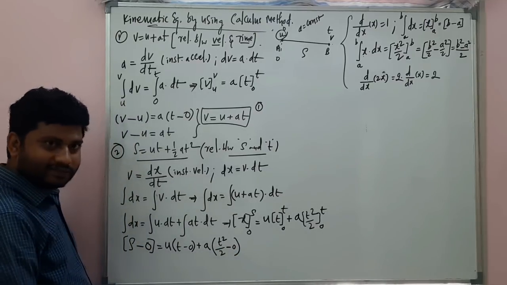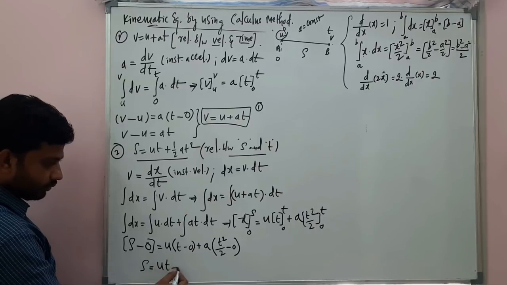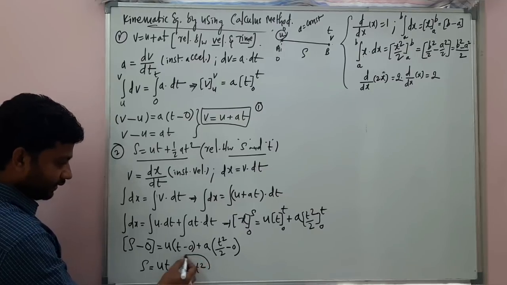Right? So what is this? S is equal to ut plus half at square. Did you understand this, my dear students?